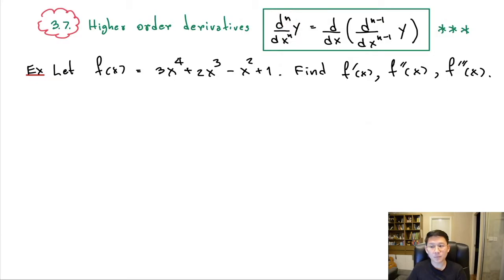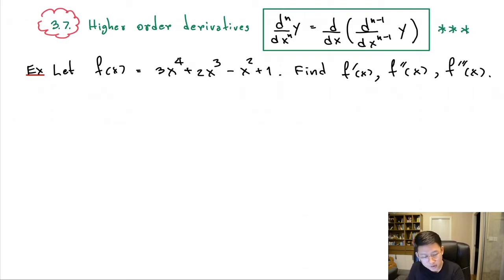So if n is 2, we find the derivative twice, and if n is 3, we find the derivative 3 times, and so on. For example, f of x is 3x to the power of 4 plus 2x cubed minus x squared plus 1. Find f prime, f double prime, and f triple prime.